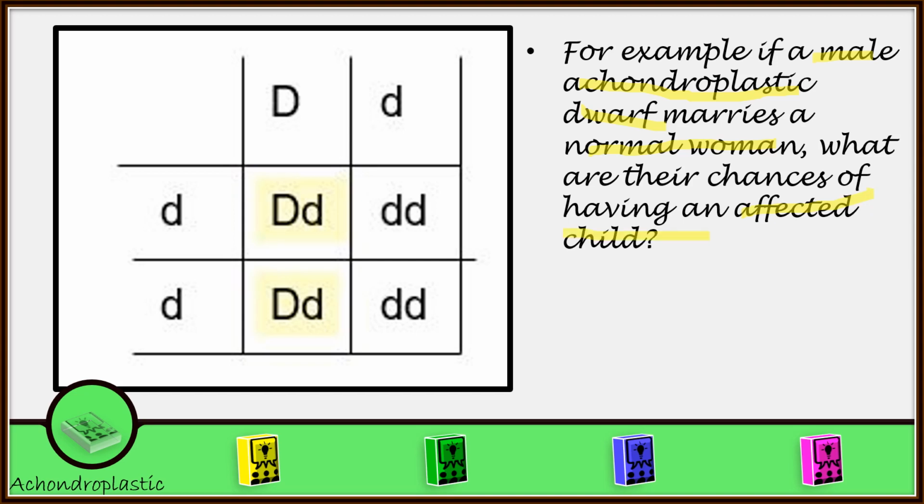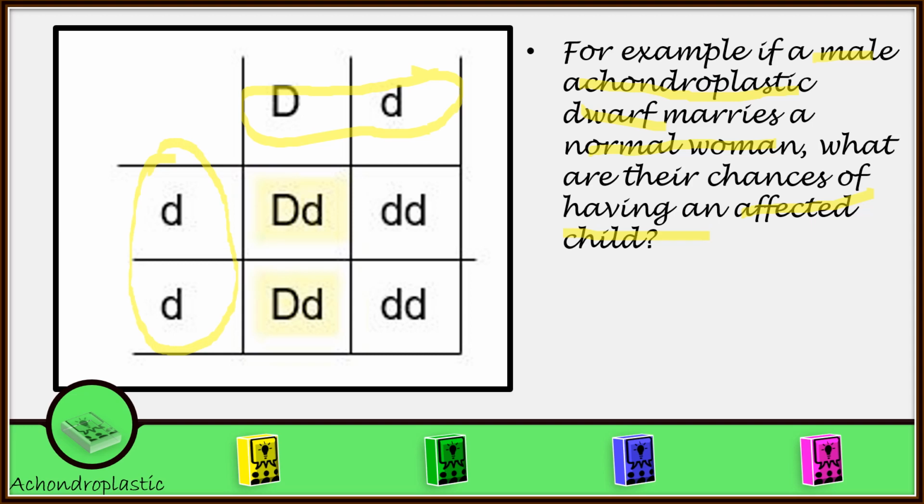We know achondroplastic dwarfism is dominant. So we would expect that male to have the genes capital D, small d, not capital D, capital D, because capital D, capital D is not viable; those ones do not survive. If the woman is normal, then she has the genes small d, small d.